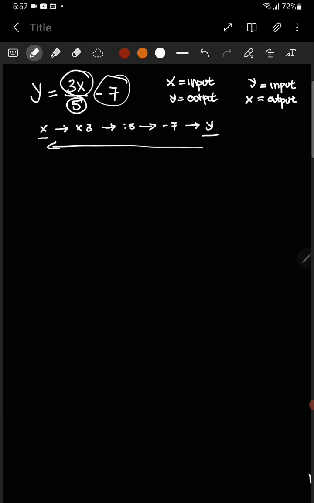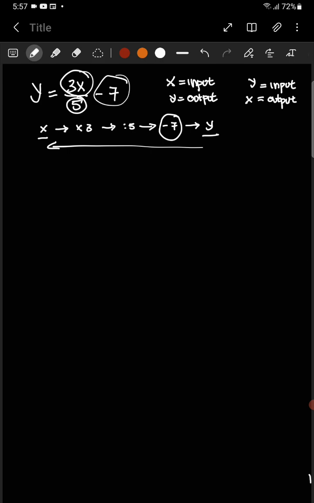How to reverse the operation? You do the mathematical operations from the right to the left, and every time you reach one process, you inverse the operator.